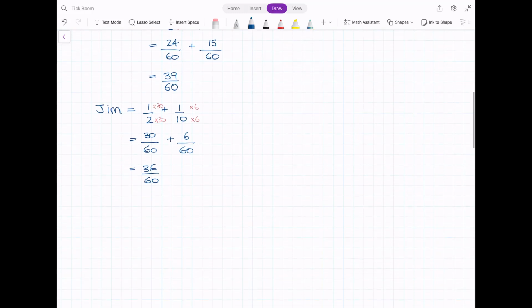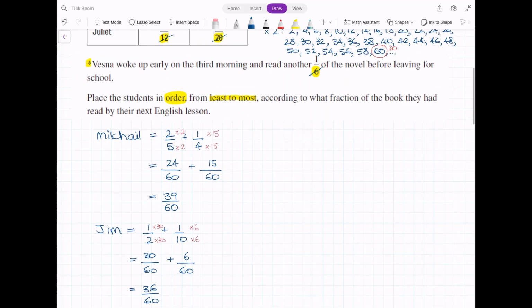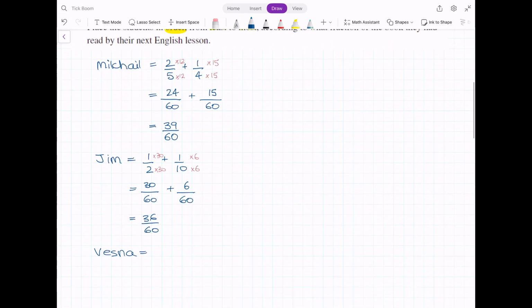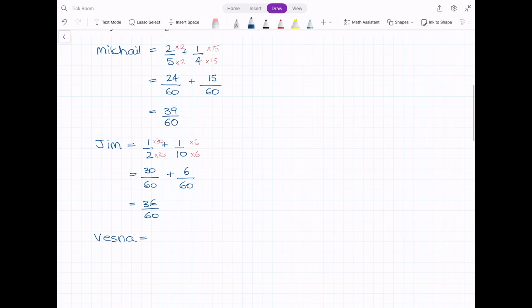Now Vesna is slightly different because she did that extra reading in the morning. So her fractions were a quarter, a fifth, and 1 over 6. So 1 over 4 plus 1 over 5 plus 1 over 6. That's what Vesna read.